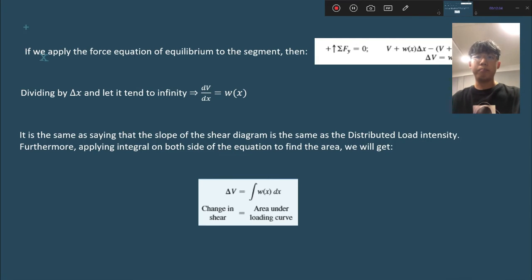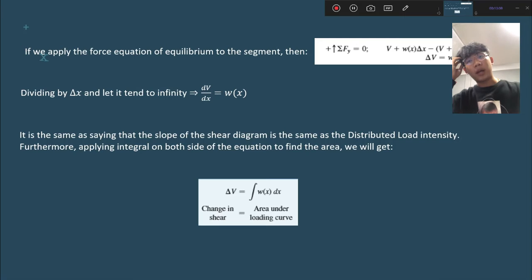So we divide both sides by delta x and take the limit as delta x tends to zero, then we get dV/dx equals w(x). It is also the same as saying that the slope of the shear diagram, because the slope of something is the first derivative of that function, is the distributed load intensity.